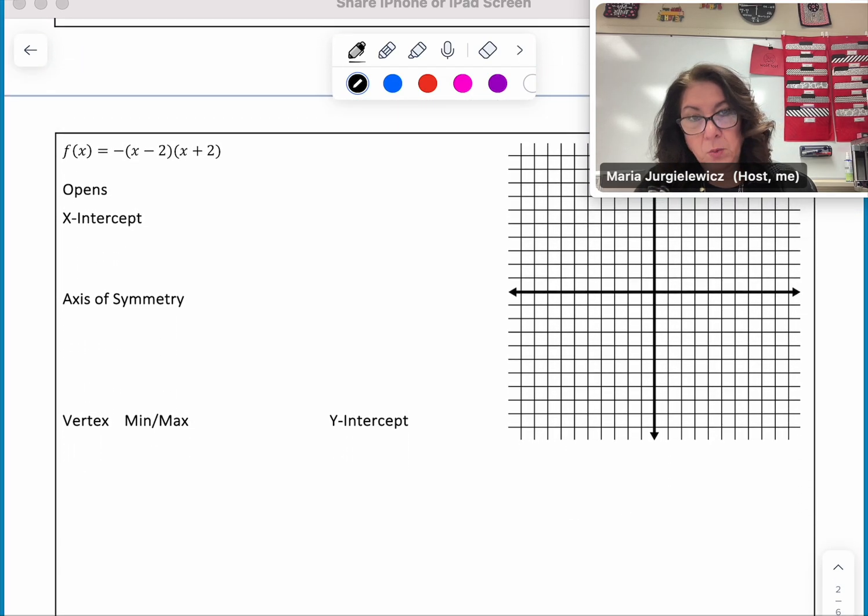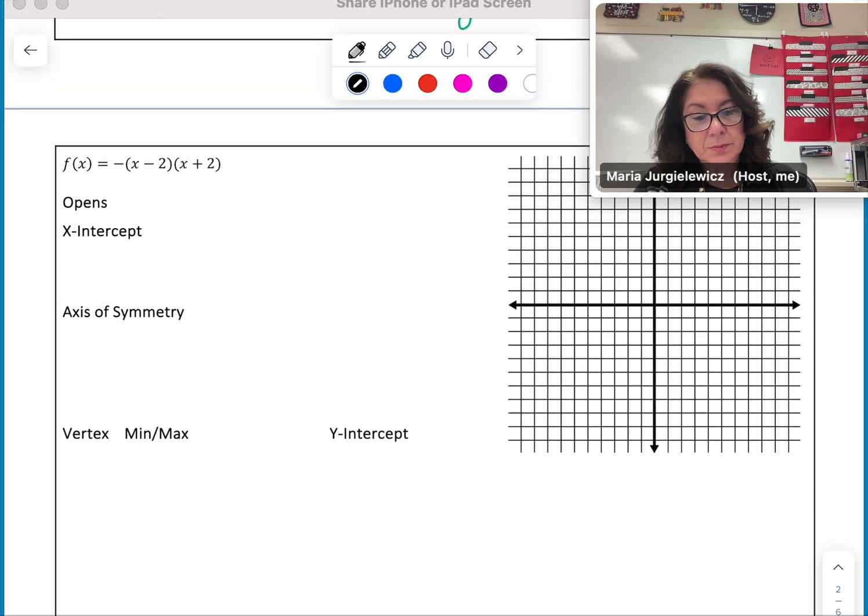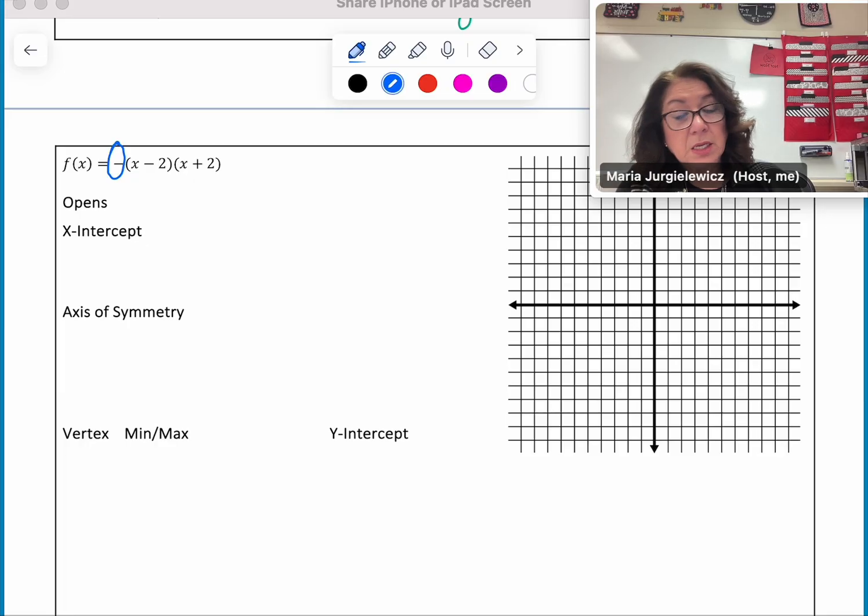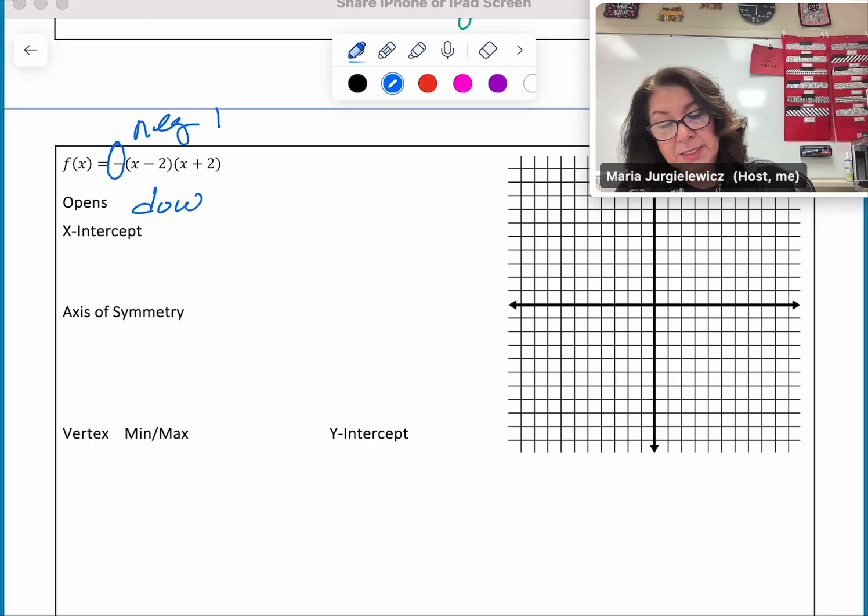All right, which way does it open? Well, I'm going to look way out here in front of the parentheses. What I have there is a negative 1. So this is going to open down. And now I need to find where it's going to cross the x-axis. So I'm going to take those parentheses, x minus 2, make it equal to 0, x plus 2, make it equal to 0.